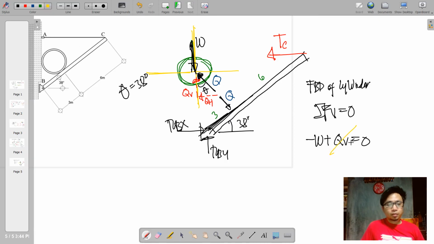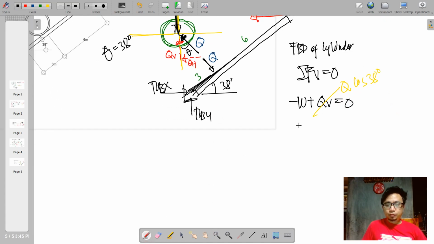Then we'll express this in terms of Q. So this is Q cosine of theta, since we have an adjacent force to the reference angle. Therefore, W is Q cosine of 38 degrees.